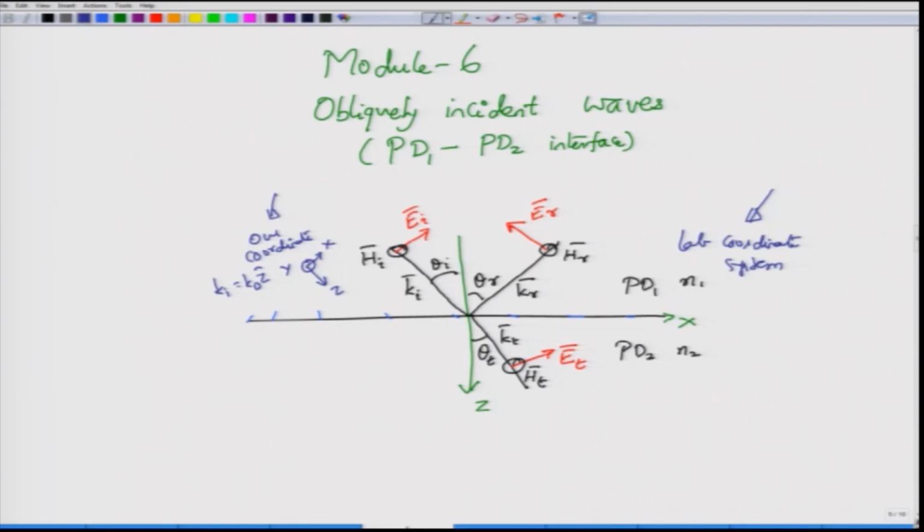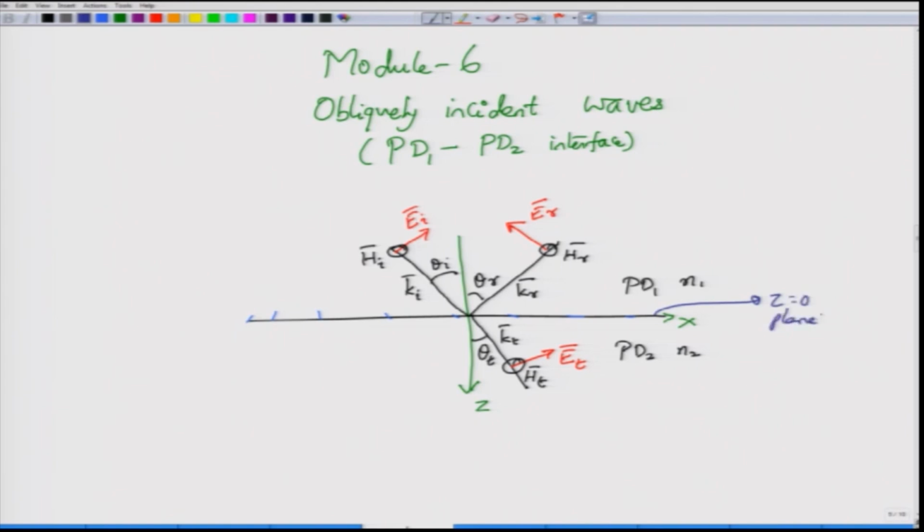Both methods of course give you the same results, but it is convenient to work by denoting the coordinate system first and lining it up with x, y and z, and clearly the interface is then at the z equal to 0 plane.